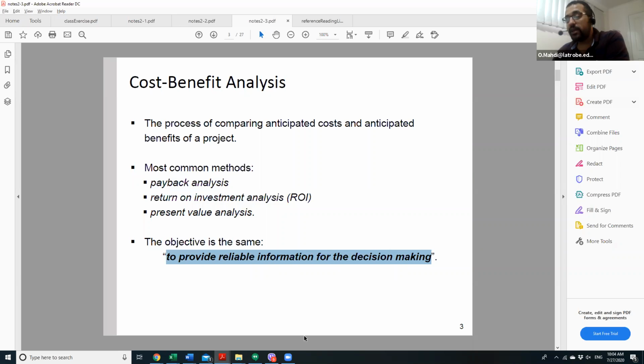When you want to make a decision about your project, this is why it is quite important. To decide whether we really need to proceed with this information system or not, we need to do analysis based on payback analysis, or return on investment analysis, or present value analysis.